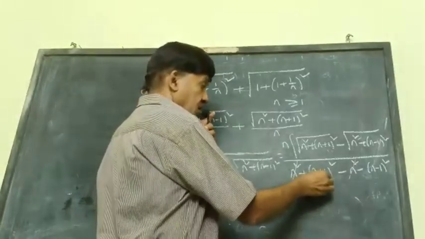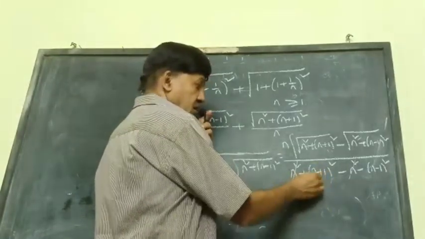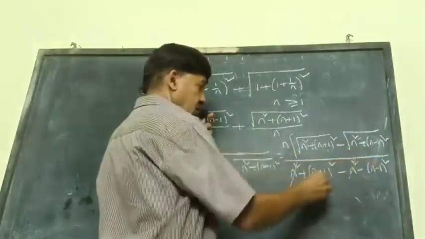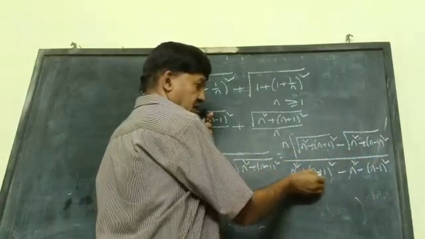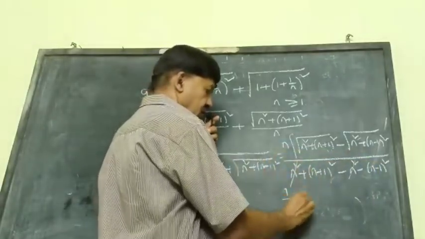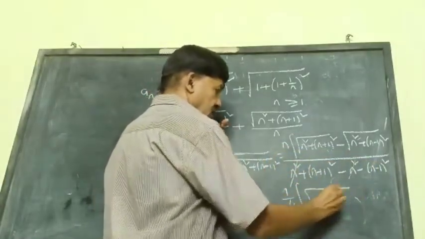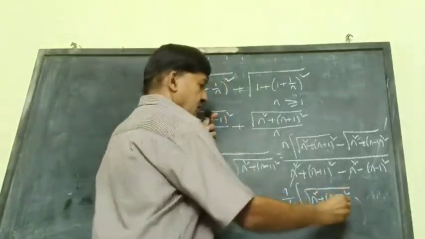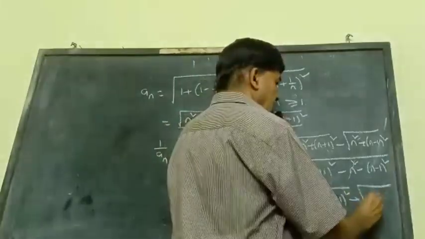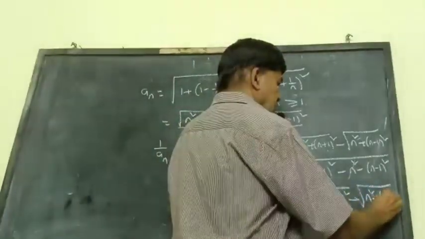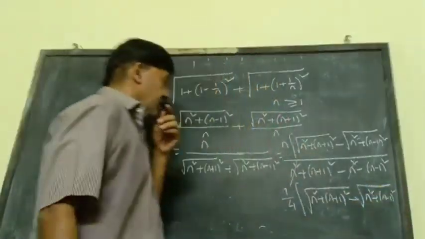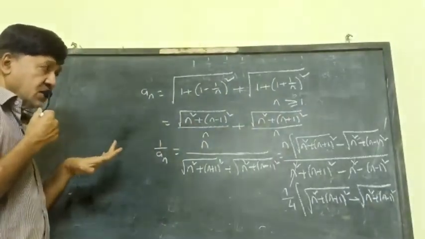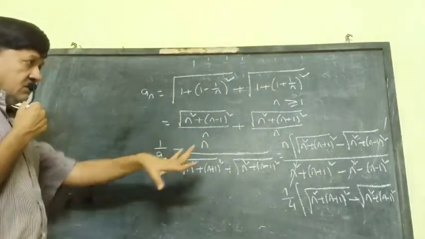So you are going to get 4n. So 4n you will get here. n by 4n is how much? 1 by 4 into square root of (n square plus n plus 1) whole square minus square root of (n square plus n minus 1) whole square. That is your 1 by an. Right? So 1 by an value we got like this.